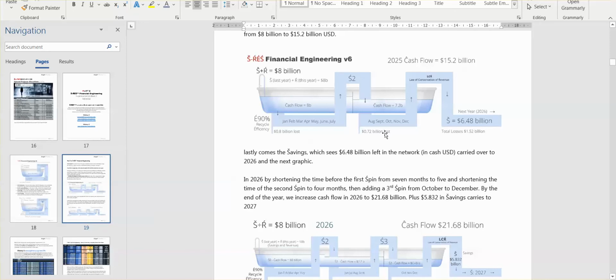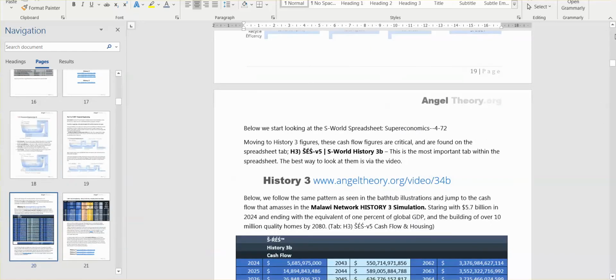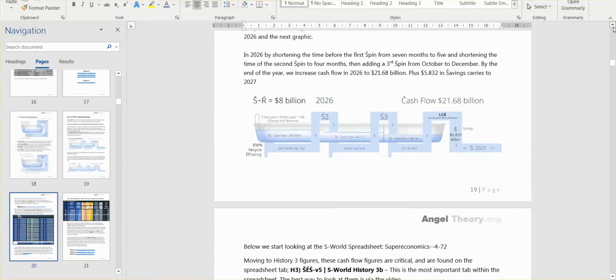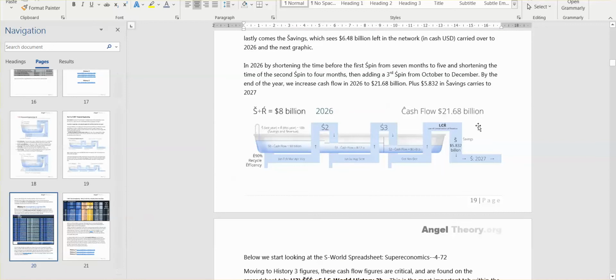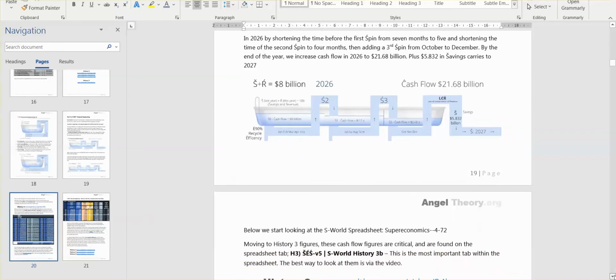Second spin, 0.72, and you can see by spinning it twice, spending that money twice in a year, we in essence double the cash flow. Then if we do it 3 times, 1, 2, 3, we sort of triple it.